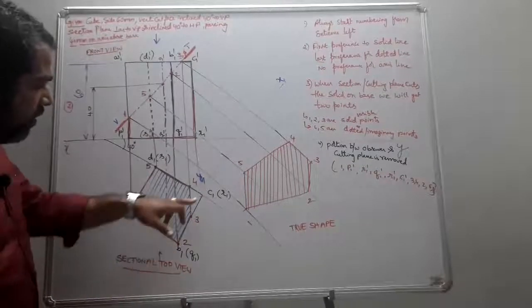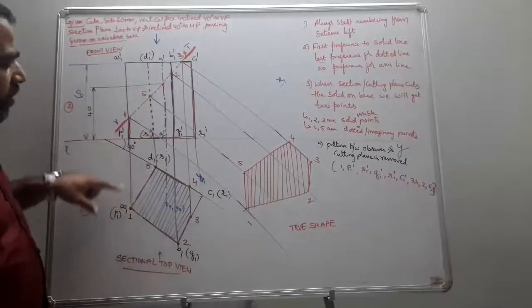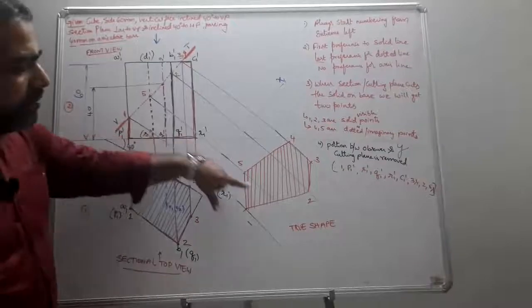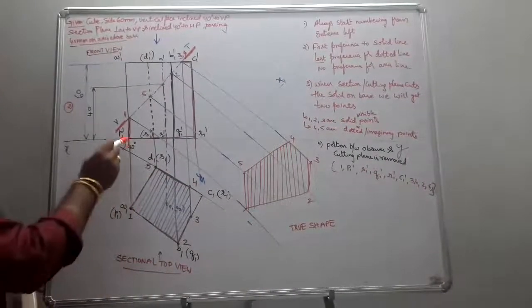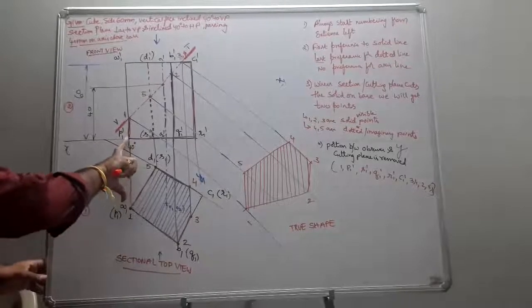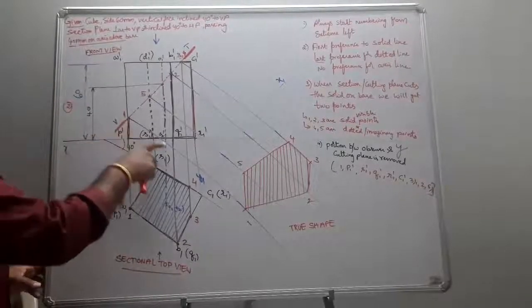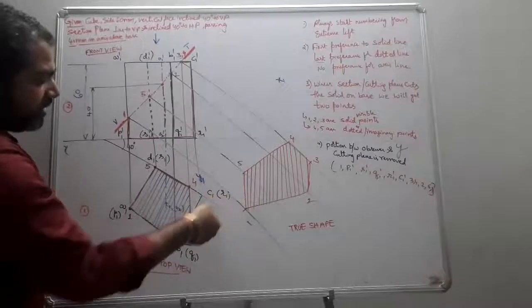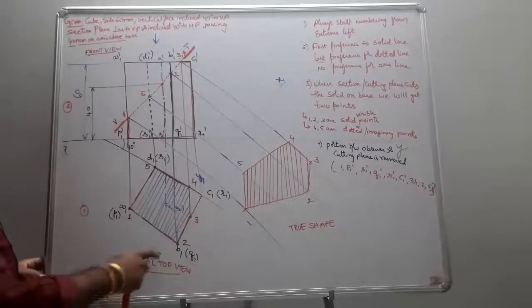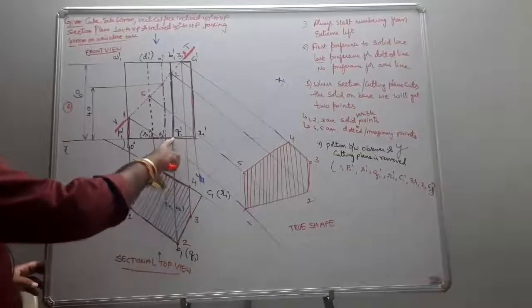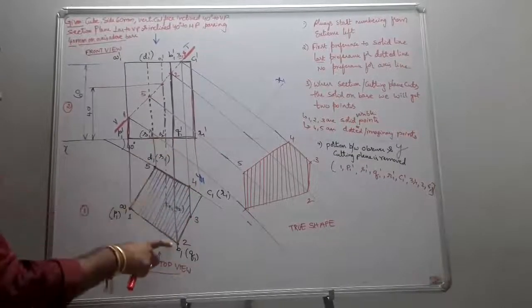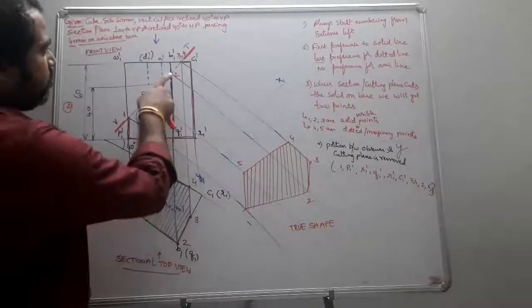Take all the points' distances from the old reference line and put them from the new reference line. You can see this point 1 to XY distance is taken as radius, and take your one projector, and with this as the center, draw up to get 1. Next, point 2 to the old XY, up to here, this radius is taken and placed from the 2 projector.